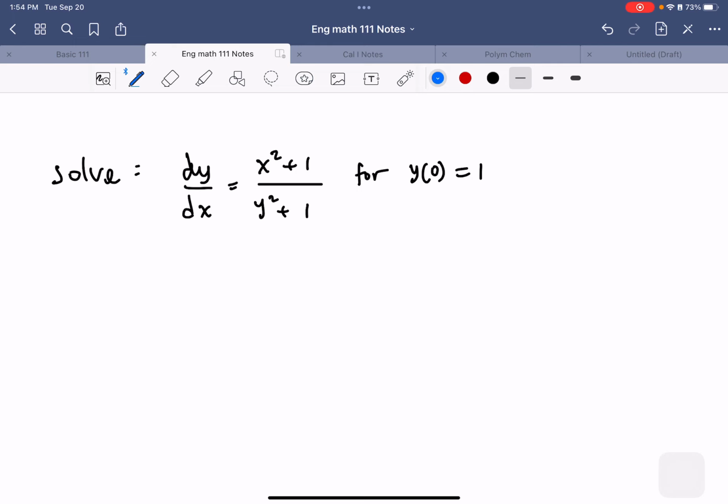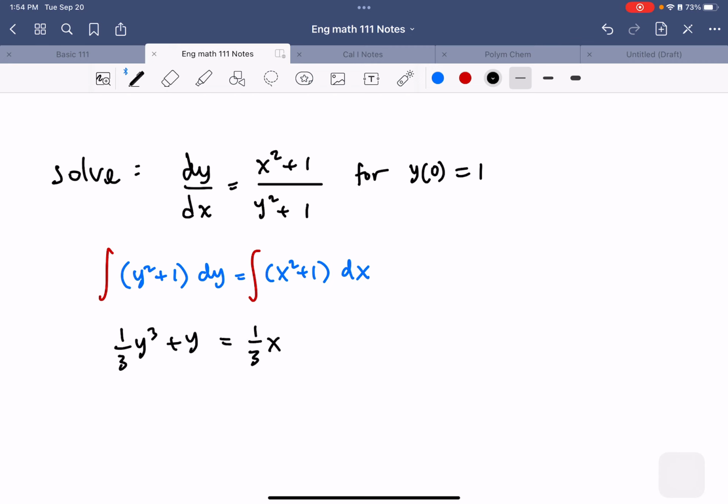So again, we separate the y and x, and then we just integrate. So this will be 1 over 3 y cubed plus y equals 1 over 3 x cubed plus x plus a constant.